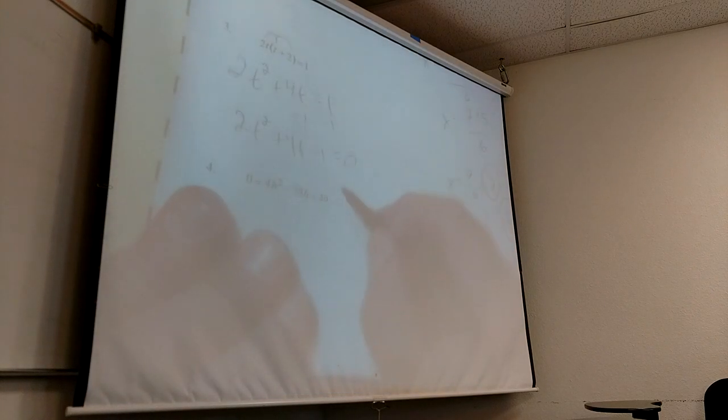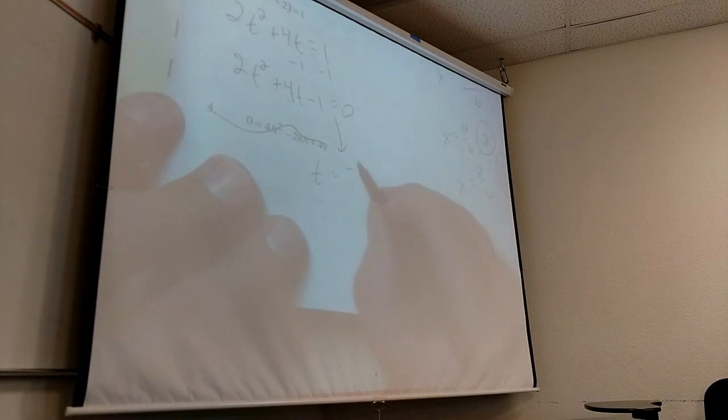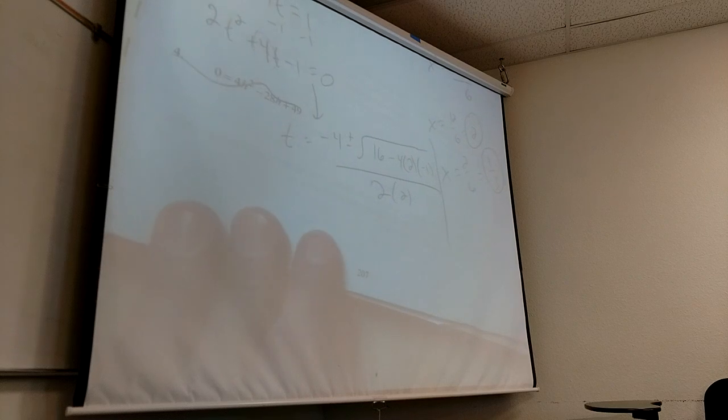So this is going to be t equals negative b plus or minus square root of b squared minus 4 times a times c, all over twice a. Is that cool? And then you just do 16 plus 8, right? The two negatives cancel.